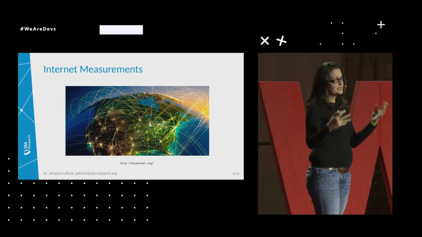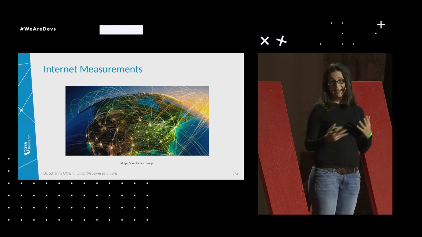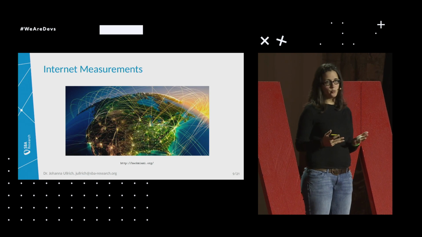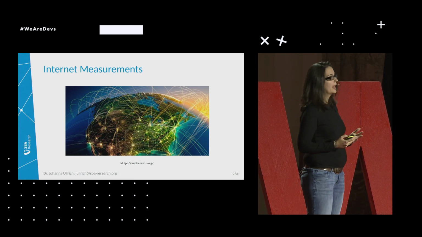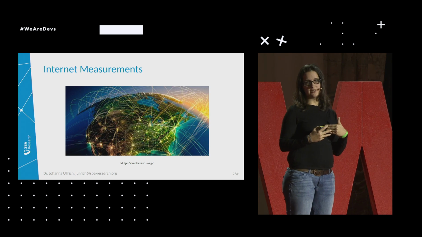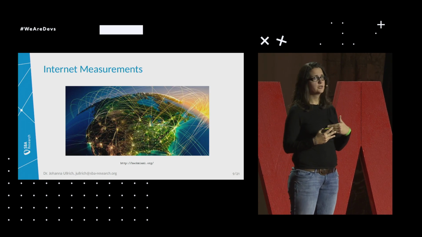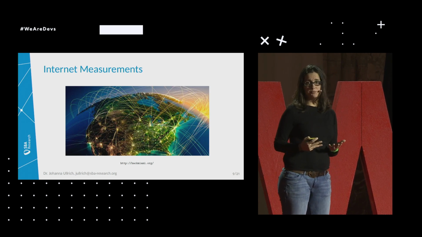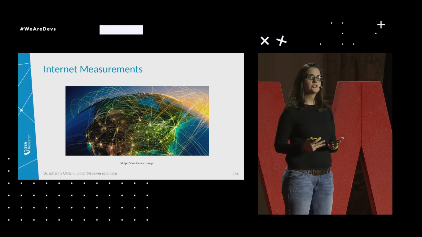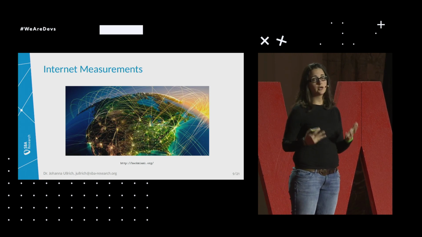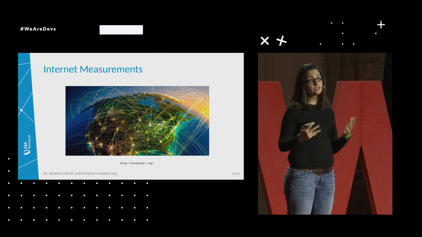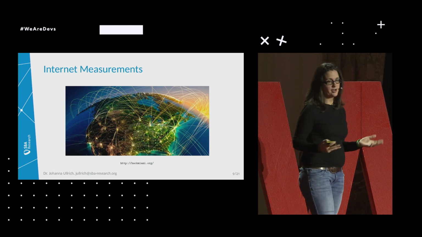So basically it's an experiment that escaped the lab, and so you don't know what's really on the internet. And if you want to know, for example, how many servers there are for amplification attacks, you have just one alternative, and it is to measure how many are out there.